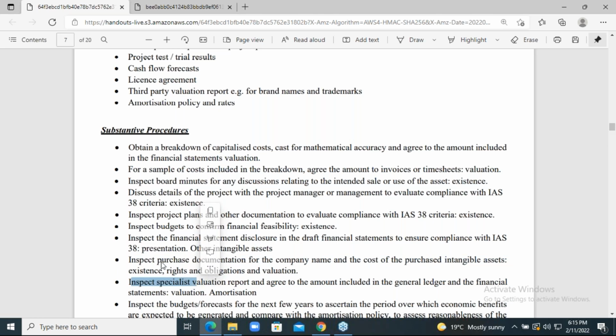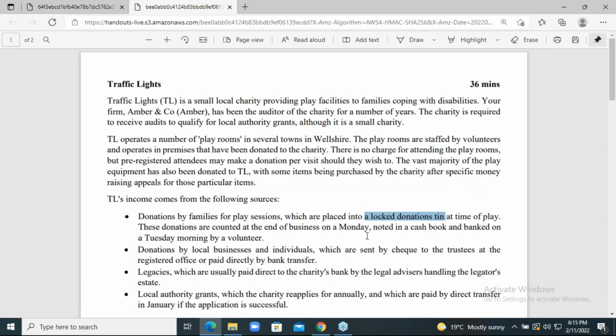If you have memorized generic procedures, you are not at a beginning level; you are on a professional level. So you will think for a minute: as the donation tin is locked, you cannot inspect it, review it or compare it. What you can do is physically inspect it, visit it, observe it. So visit the play sessions on any day and see the locked donation tin to confirm whether it is properly locked or not. So this is the first procedure.